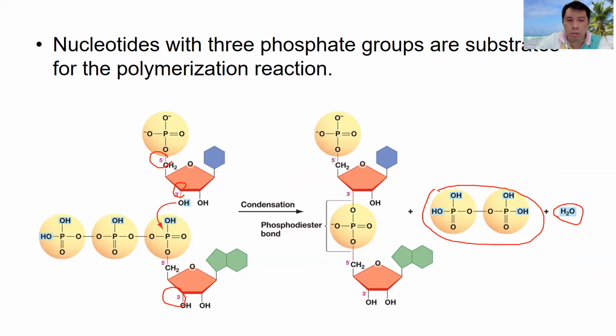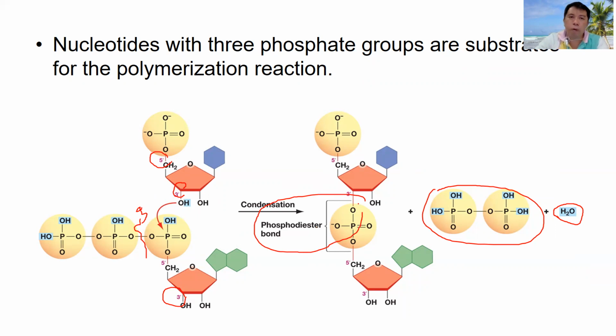Since the phosphate groups are linked by covalent bonds, they contain energy. Once these bonds are cleaved, or hydrolyzed, they release energy. So this reaction is an exergonic reaction, and the energy released is used to form phosphodiester bonds.